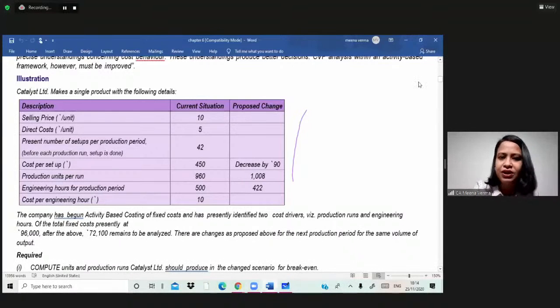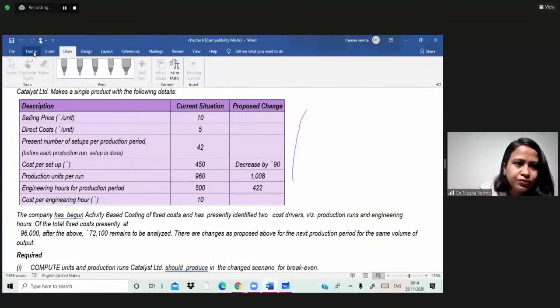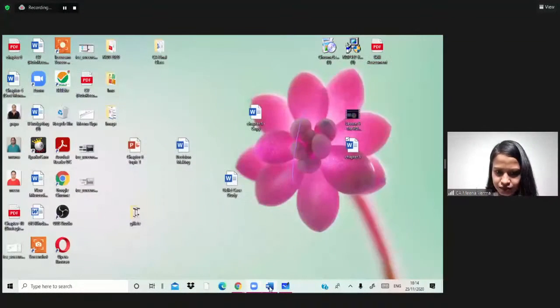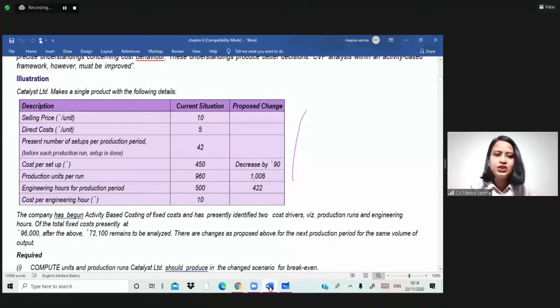Please do this question and let me know if you have done it. There is some problem in my slide, so meanwhile I'm checking that problem. This question is in your book also, so you can see your book also.